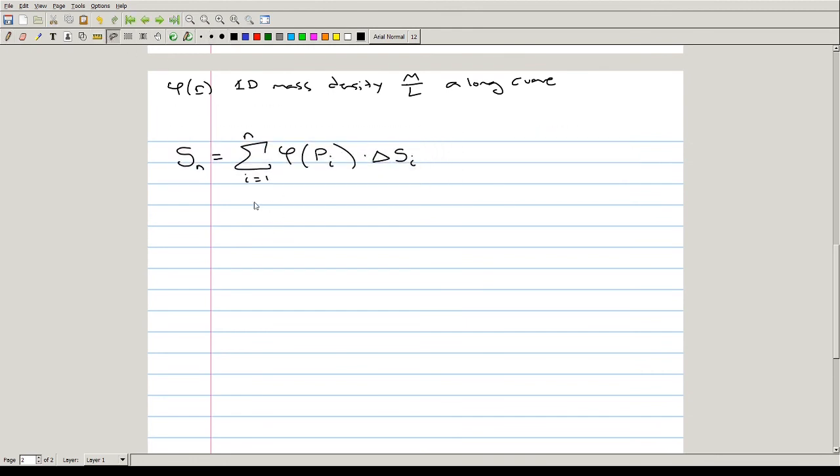So this Riemann sum approximation is like saying the summation from i equals 1 to n of phi at pi times the square root of delta xi squared plus delta yi squared plus delta zi squared.